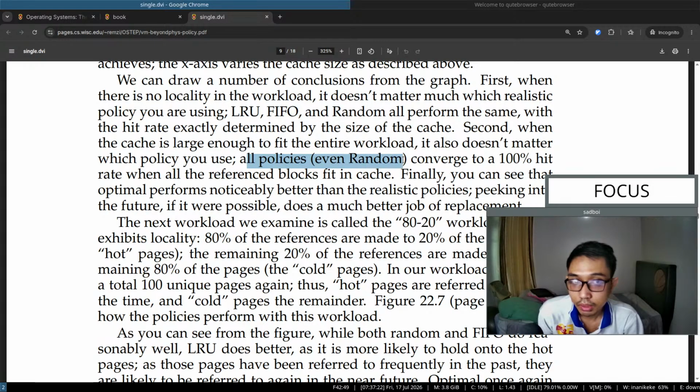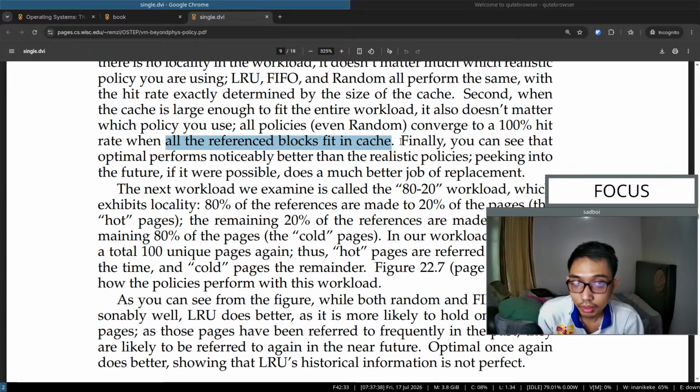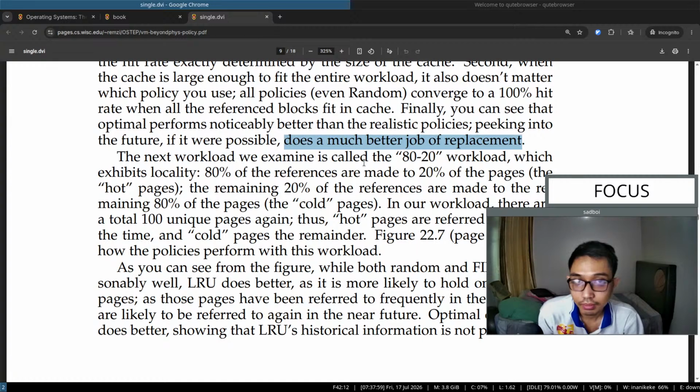All policies, even random, converge to a 100% hit rate when all the referenced blocks fit in the cache. Finally, you can see that optimal performs noticeably better than the realistic policies. Peeking into the future, if it were possible, does a much better job of replacement.